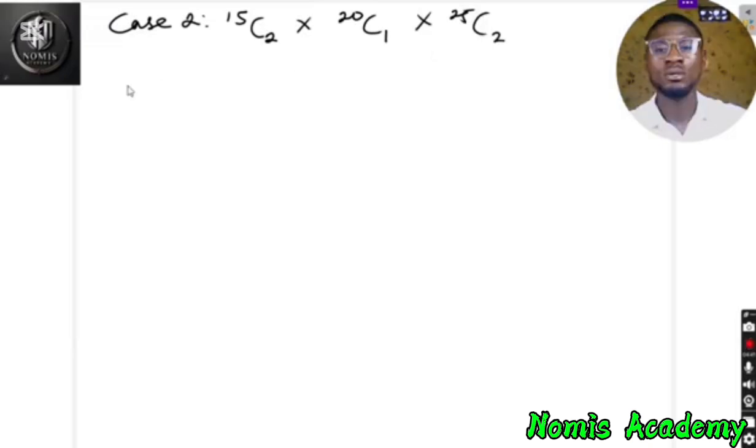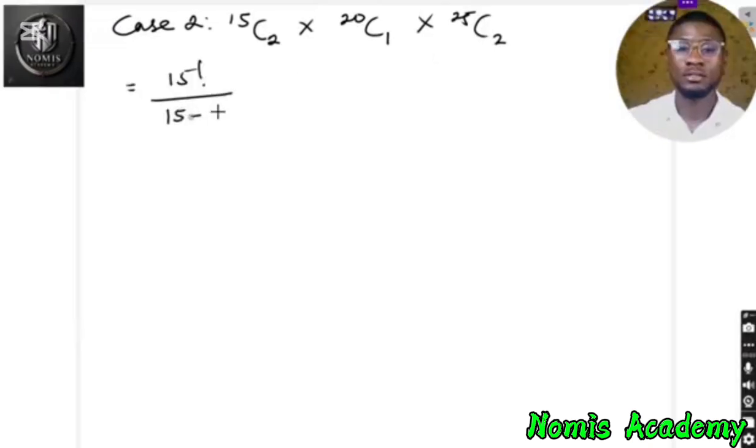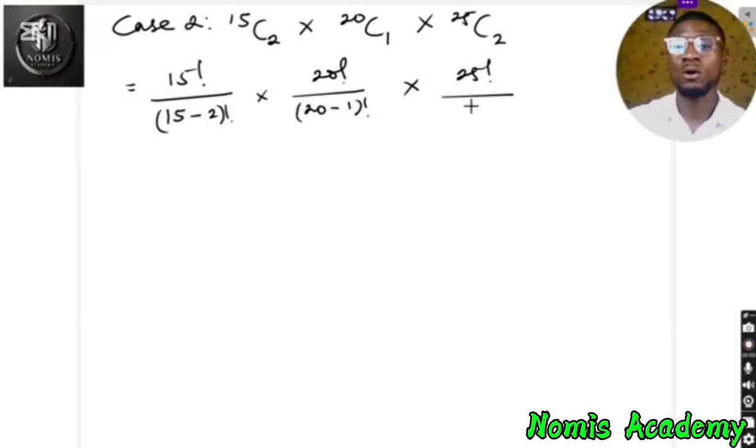So let us go in that: 15 factorial over 15 minus 2 factorial multiplied by 2 factorial, multiplied by 20 factorial all over 20 minus 1 factorial, multiplied by 25 factorial all over 25 minus 2 factorial and then 2 factorial.